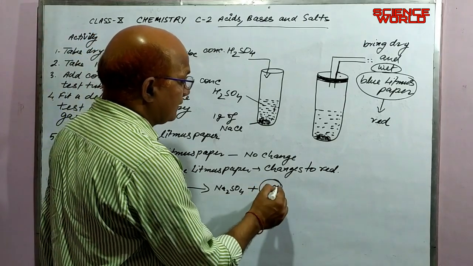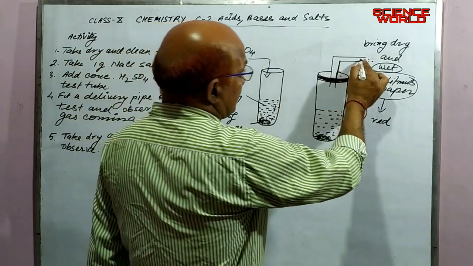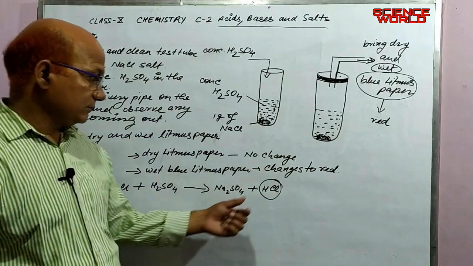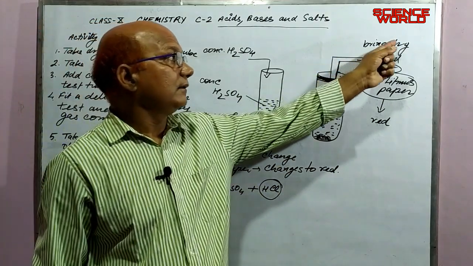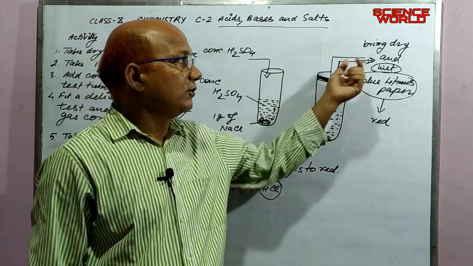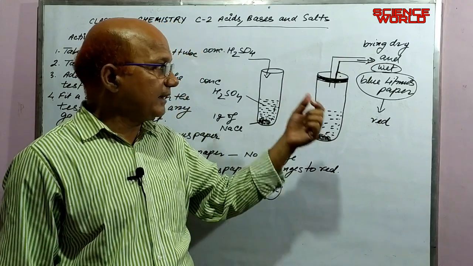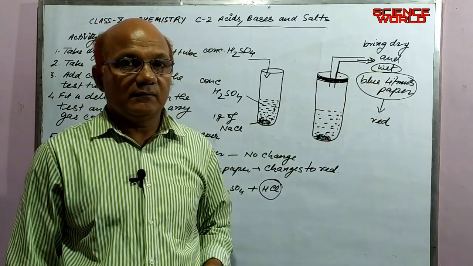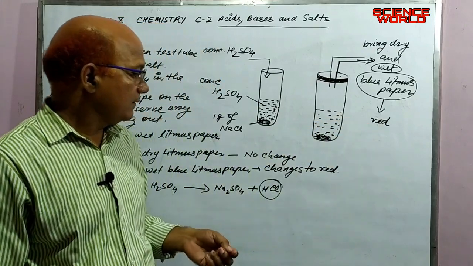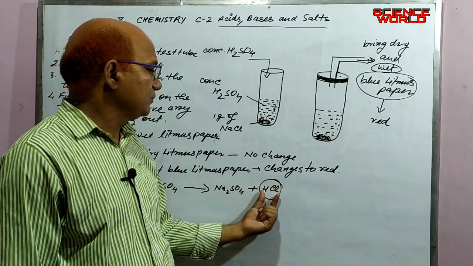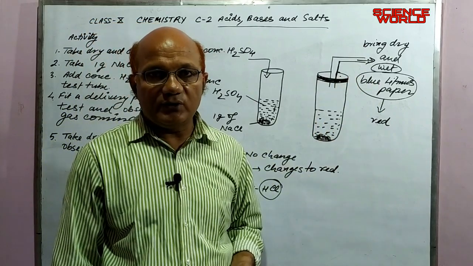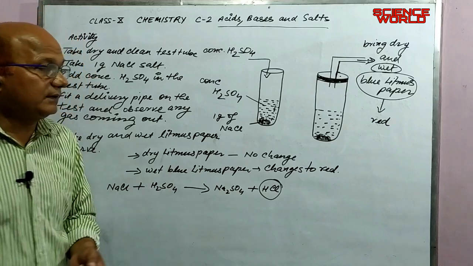This gas is released through this delivery pipe. Okay? So, when you bring dry blue litmus paper, then no change is observed, but when you bring wet blue litmus paper near the gas, that changes to red. It means this HCl gas shows its character in presence of moisture only. So, now take a screenshot of it.